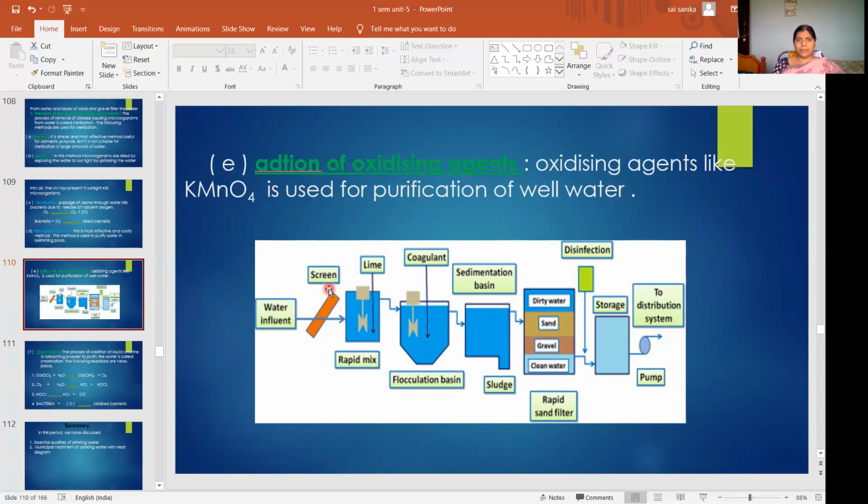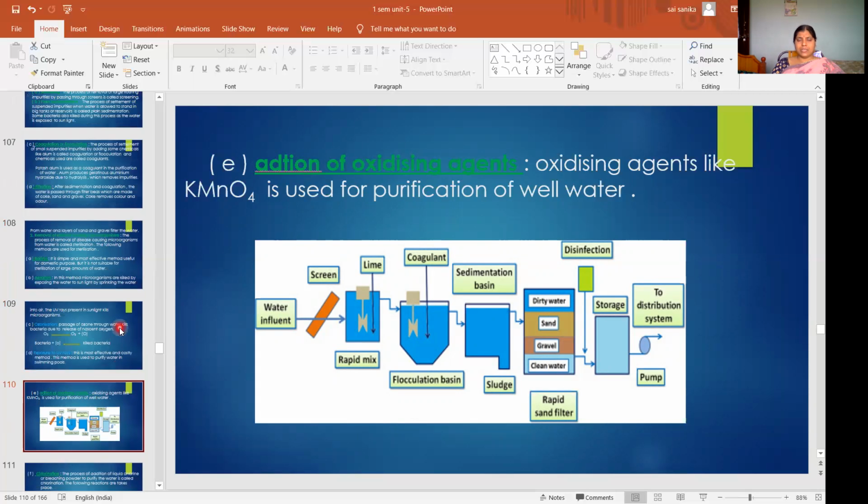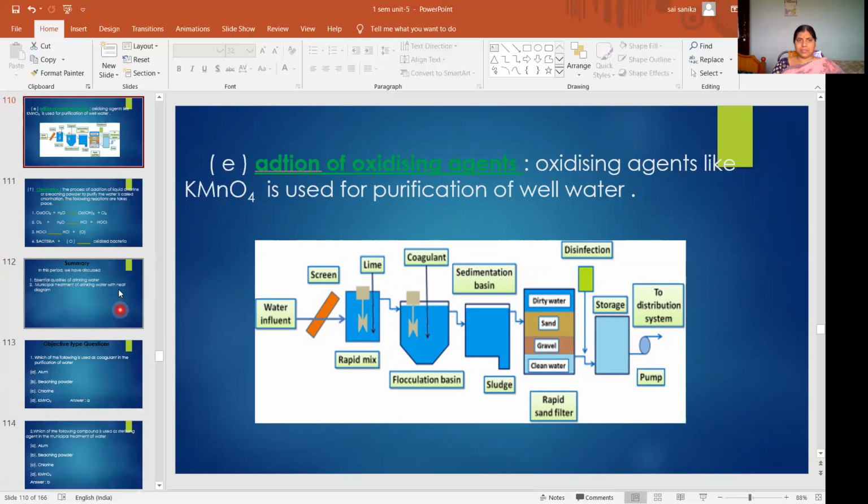So here screening, then plain sedimentation, then coagulation, then we are passing through the filter beds, then disinfection, then storage, then we are distributing to the system. This is about municipal treatment of water for drinking purpose.